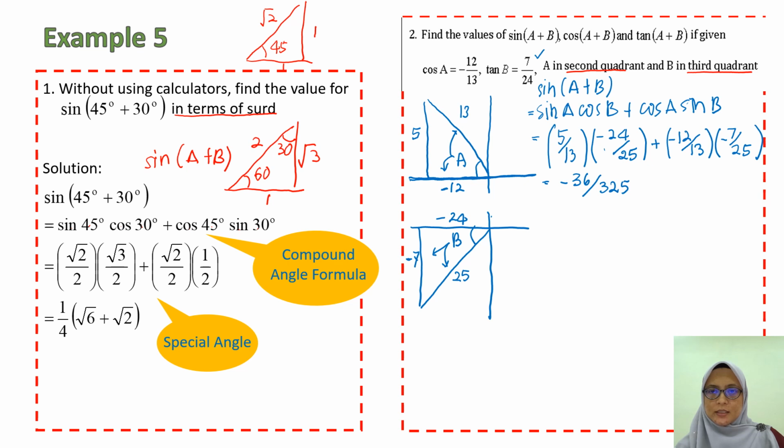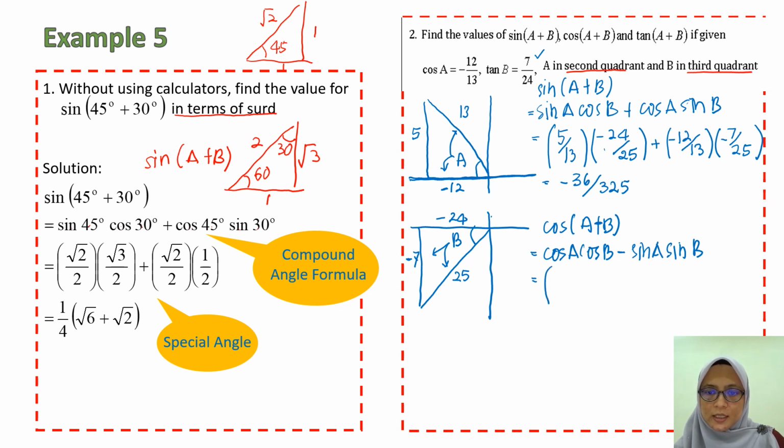Okay, so now kita cari untuk cos A plus B. So cos A cos B. Okay, so untuk compound angle for cos, dia terbalik sikit dengan sin. Kalau sini tambah, so sini bila you expand using compound angle formula, jadi tolak. So sin A sin B. Okay, so then substitute the value.